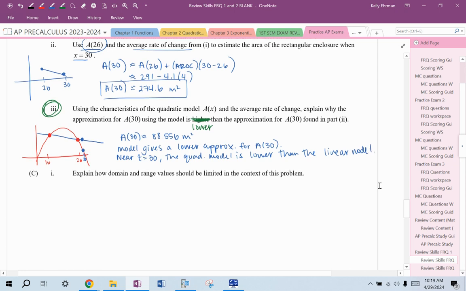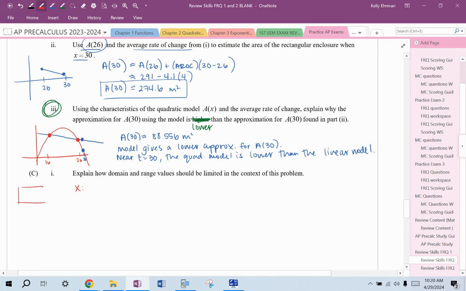Explain about domain and range. Okay, so domain and range, again, you should always be graphing the model to see what domain and range is. So it's not explain why they should be limited. It's saying find the domain and range. They should be limited. They're not all real numbers, so explain what they are. So you could do a little bit of an explanation. So x is the dimension of a rectangle, right?